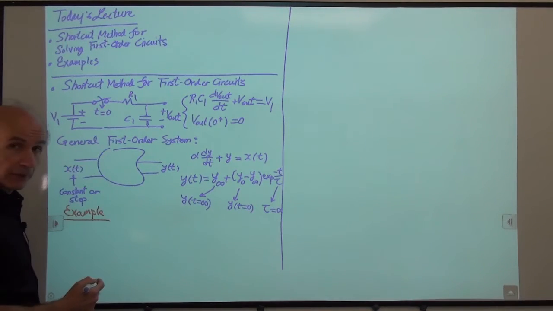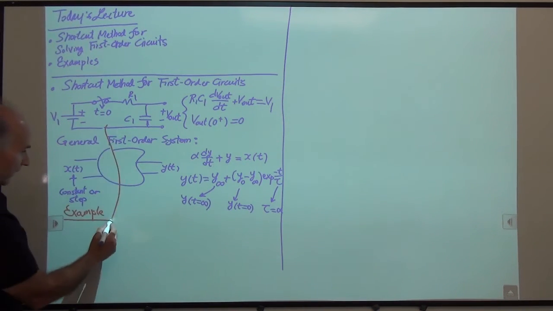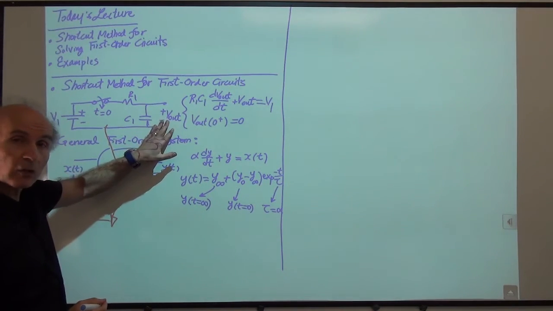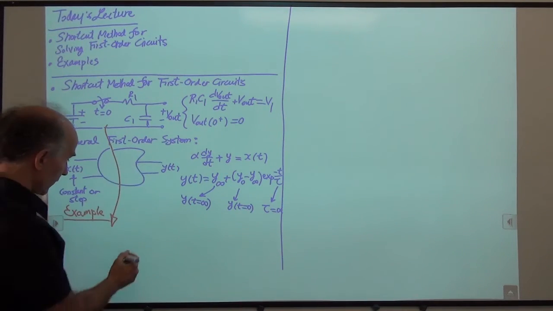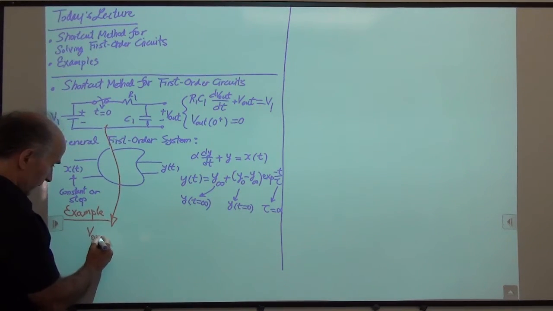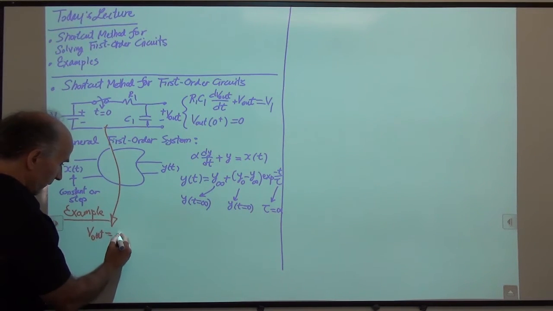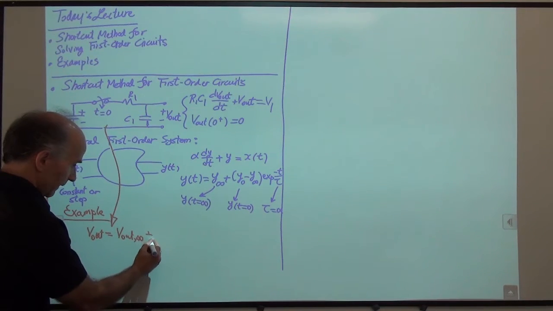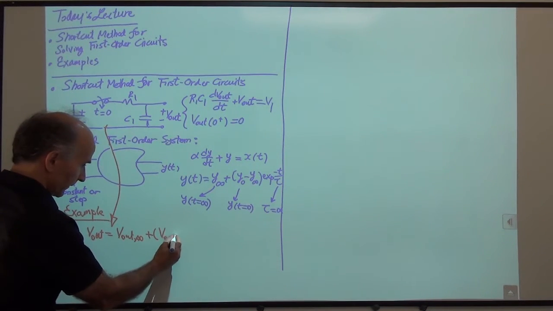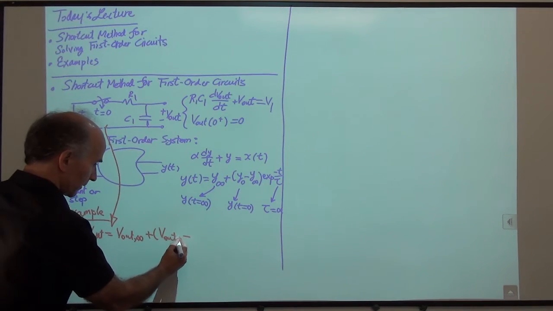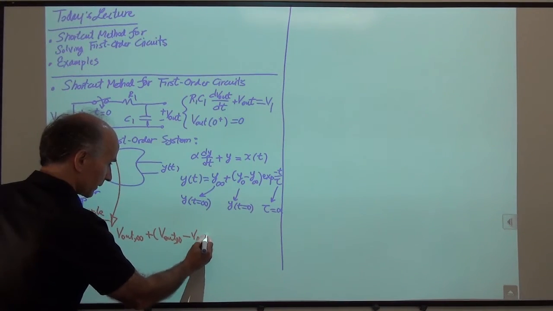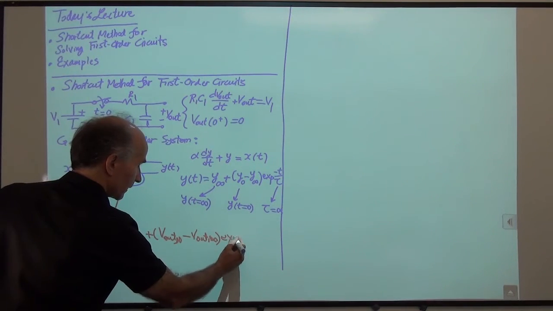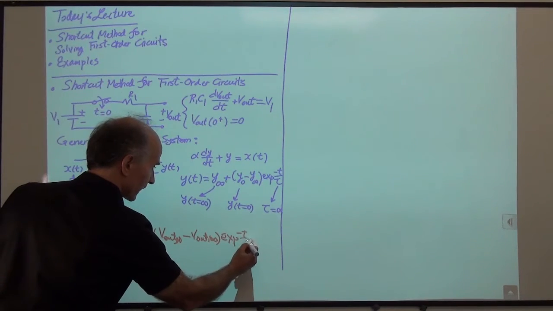Well, we start with this example here, right? So I'll just move it down here. And I say I would like to write V out without any differential equations. So I say V out is equal to V out at time infinity plus V out at time 0 minus V out at time infinity, times exp of minus t over tau.